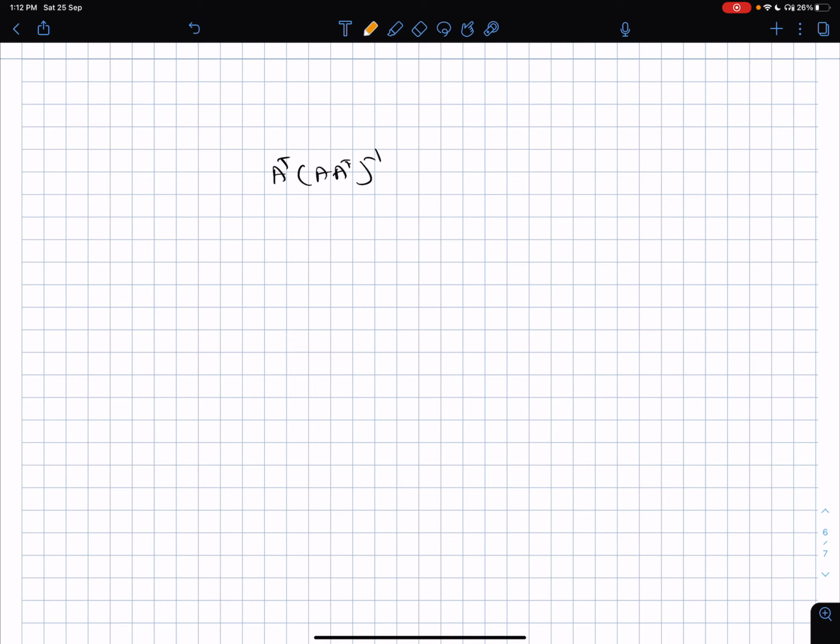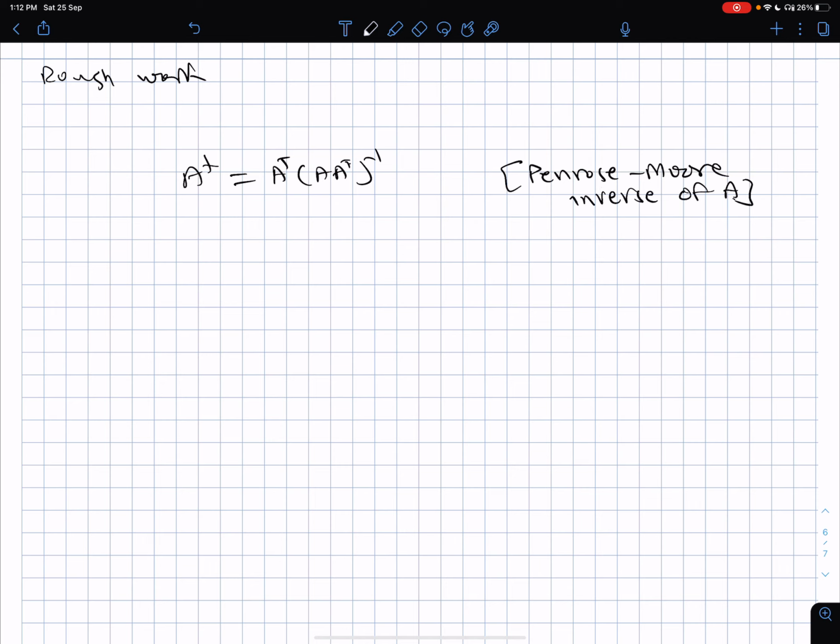This matrix here is also known as the Penrose-Moore inverse of matrix A. So A is, recall, an M cross N, full row rank matrix. It does not have an inverse. Why? Because it is in general a rectangular matrix.